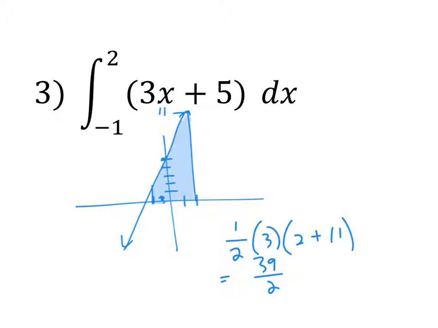Okay, let me show you really quickly how to do this on the calculator. So everyone, please take out your calculator. You're going to go to the math button and then scroll all the way down to FNINT.